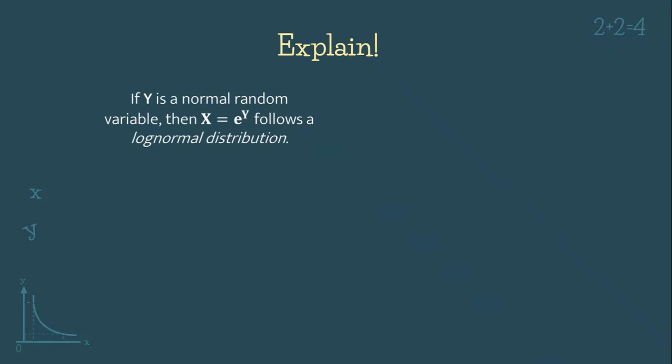If y is a normal random variable, then x equals e raised to y follows a log-normal distribution. So dito, nag-denote tayo ng random variable which is y, which is normally distributed. Ibig sabihin, x equals e raised to y ay log-normally distributed.